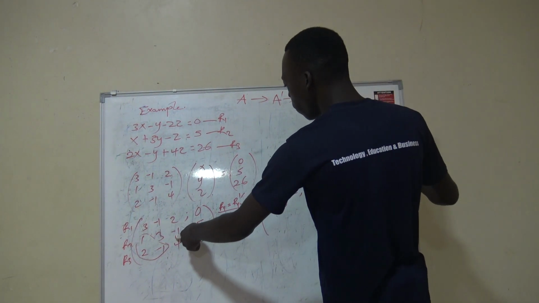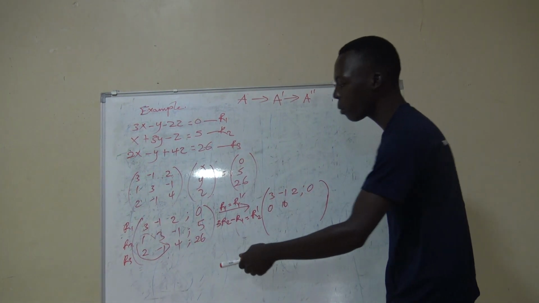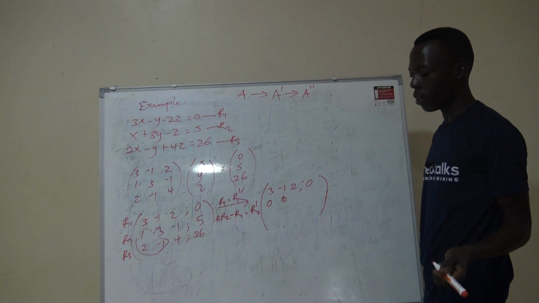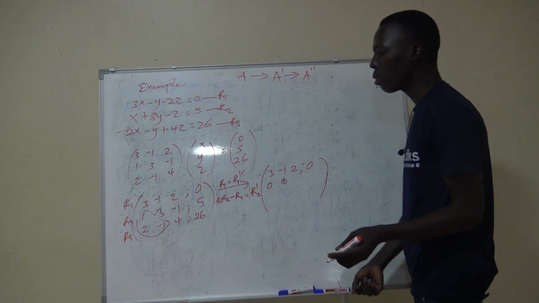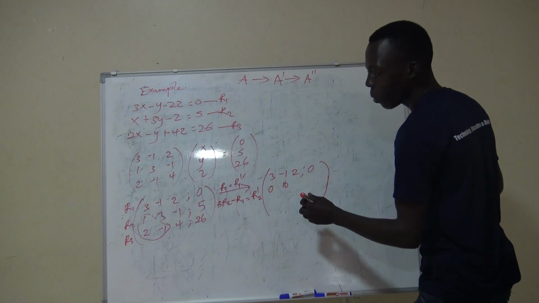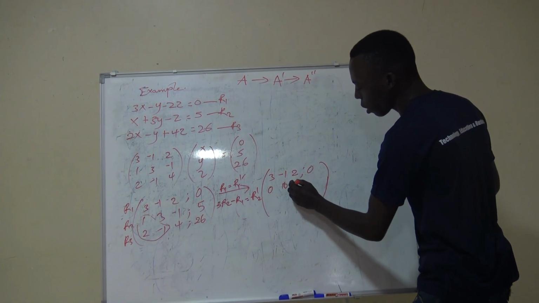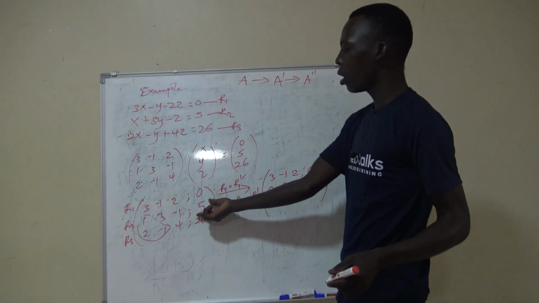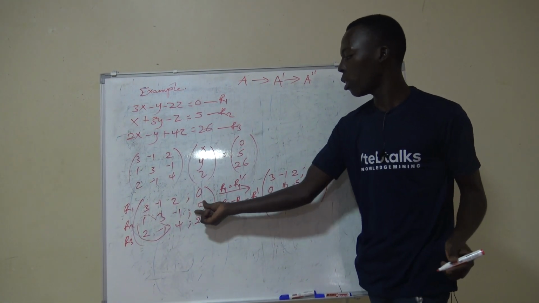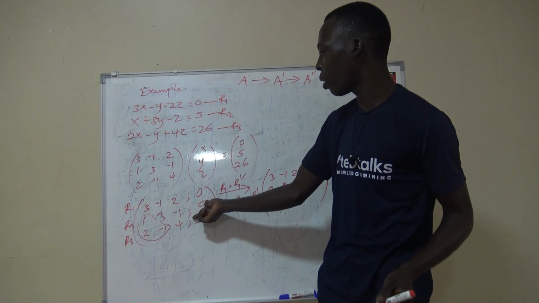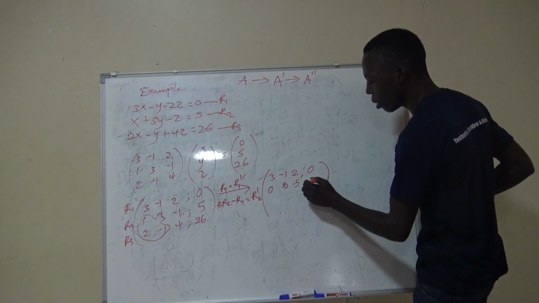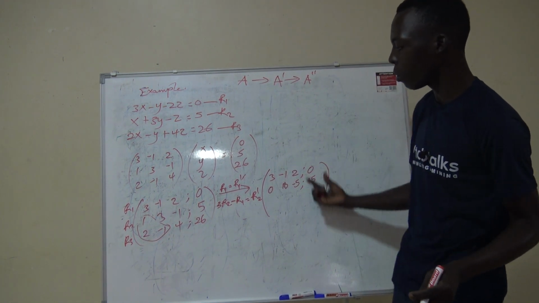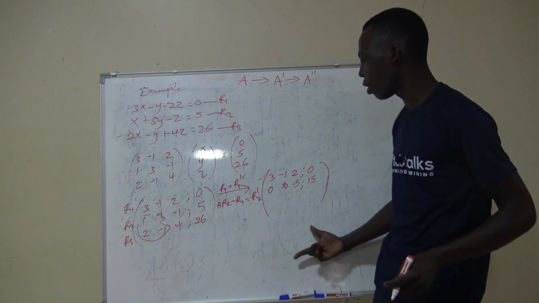Then we are here, this one becomes negative 3, then minus the R1 which is a 2, negative 3 minus 2, which is a negative 5. So now we are here, 3 times 5 we get 15. So minus 0, this side becomes 15. That's why I said this side keeps changing, it does not remain the same.